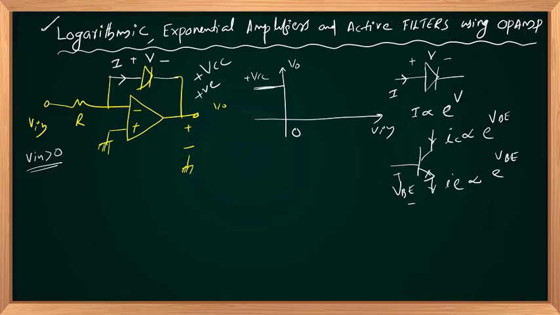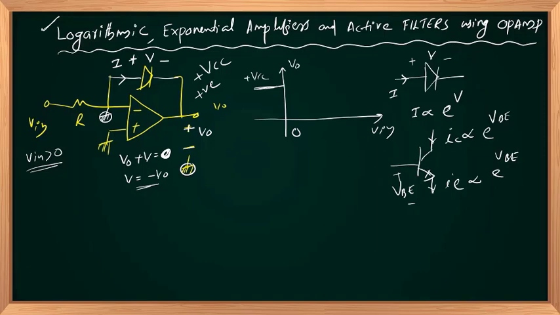In this example, that voltage V is nothing but minus V out, because this is at virtual ground due to negative feedback, V plus equal to V minus. Writing the KVL around the loop, starting from ground and ending at ground, closed loop: V out plus V equal to 0, which implies V is nothing but minus V out. So the voltage across the diode in the given polarity is minus V out.